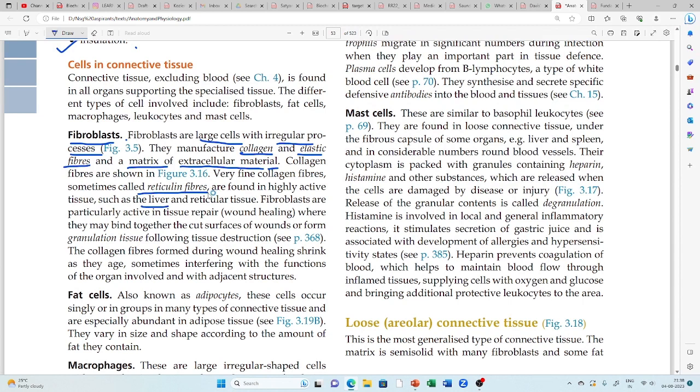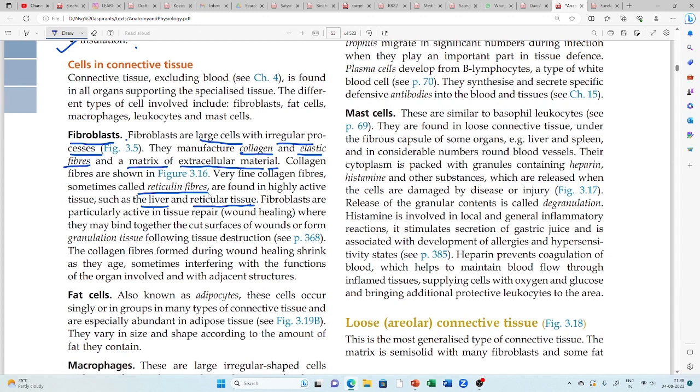In our body, one organ is the liver. In the liver and reticular tissue, which you will study later, we can see reticulin fibers, that is very fine collagen fibers produced by fibroblast. Fibroblast is a cell only. It produces collagen, elastic fibers and matrix of extracellular material.